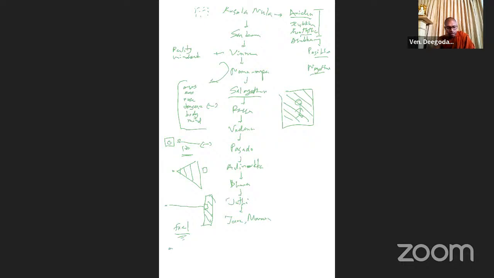That means you're not taking any images, sounds, smells, taste, or touch, or thought, because you understand, this is understanding, or this is a wisdom.